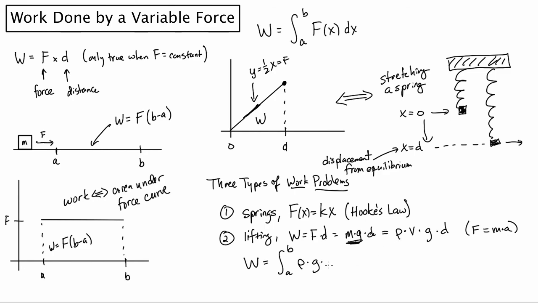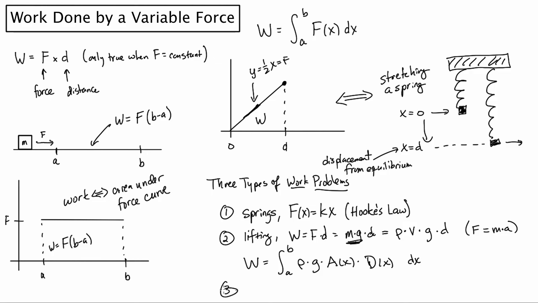And the volume is composed of two pieces. It's the area of a slice of the piece, and then the width, dx, of the slice. And then we've also got to include the distance as a part of this calculation as well. And so the distance you travel might depend on what slice you're looking at. And the point is, all of that's involved in lifting objects. This would be the integral that we would want to use.